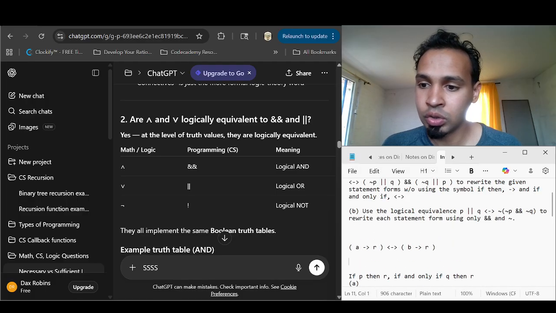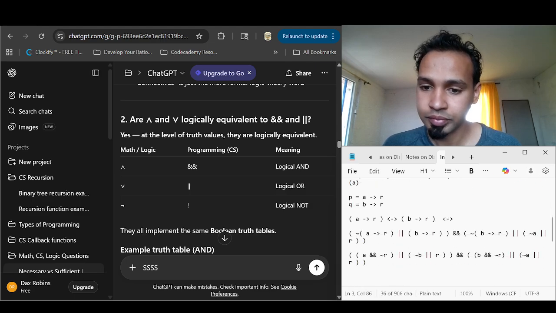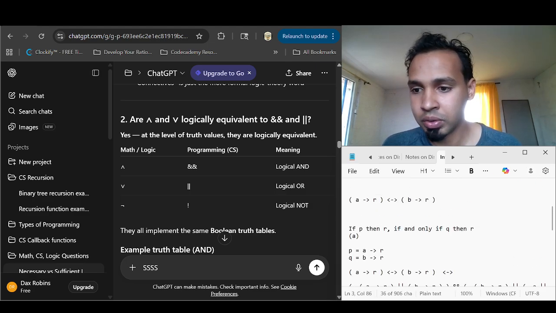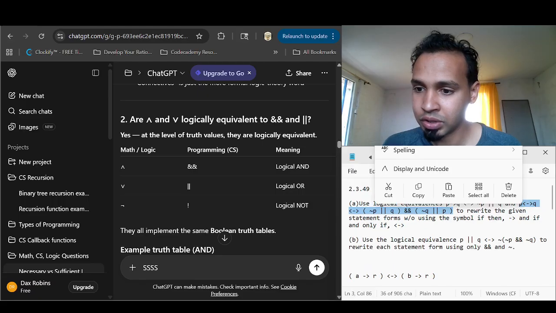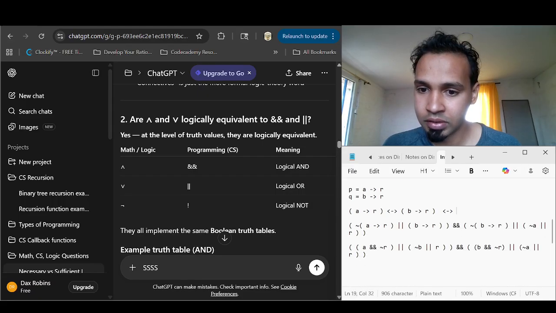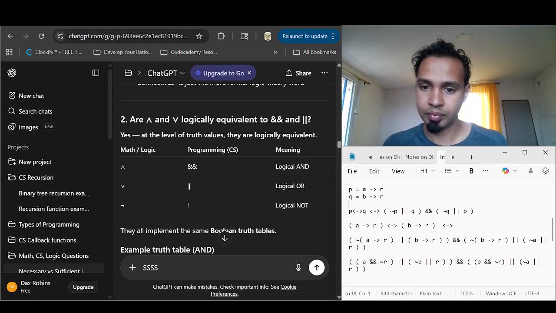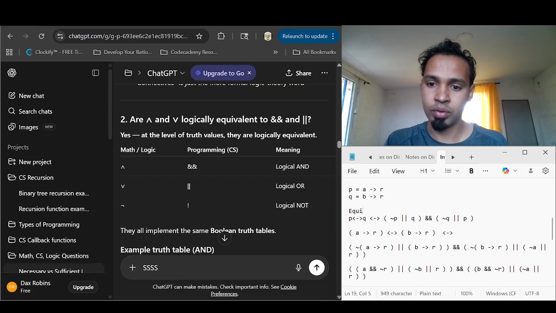Now we're going to use this equivalence and this one here to transform the whole thing. The first thing I'm going to do is use this second statement. I'm going to copy it and paste it right over here, under equivalence to use.